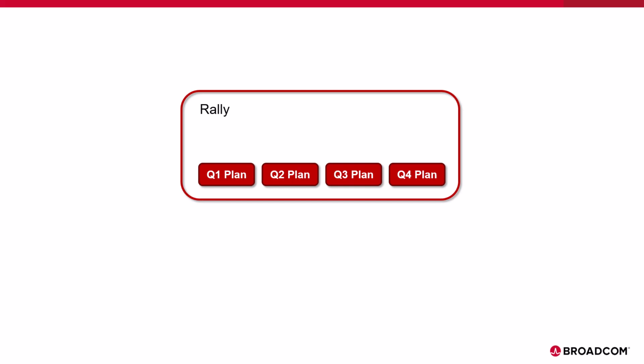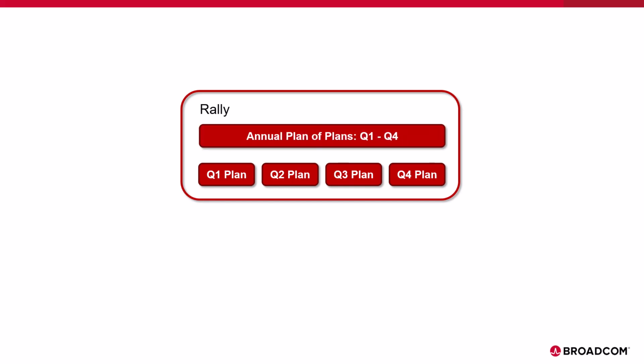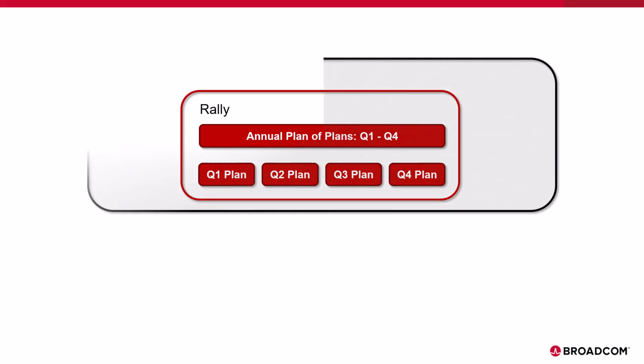Here we have 4 quarterly release plans that are planned at the feature level and at the Rally project level in our hierarchy. We can add our plan of plans in the Rally project as well and include the same teams that are in our quarterly release plans. This is also a mirror plan because, again, we're not rolling up the project hierarchy.